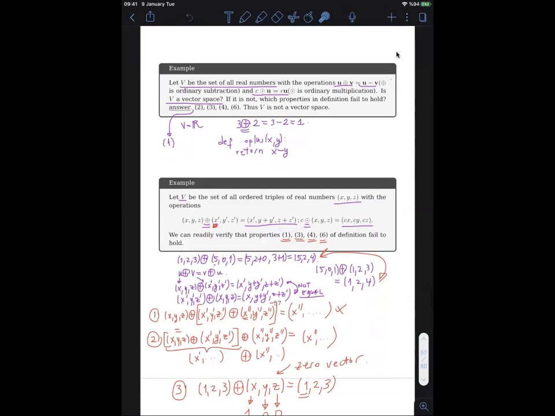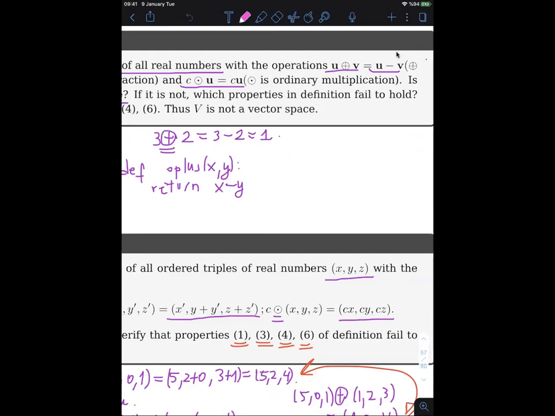Then we looked at some non-examples. For example, V is the set of real numbers, and we define this vector addition as, I'm sorry, subtraction. Then this is not a vector space because it does not satisfy those listed properties. For example, it does not satisfy this property: 3 ⊕ 2 is not the same as 2 ⊕ 3.